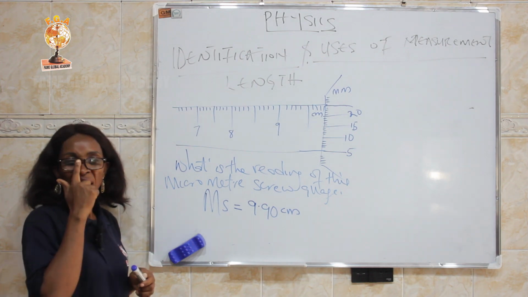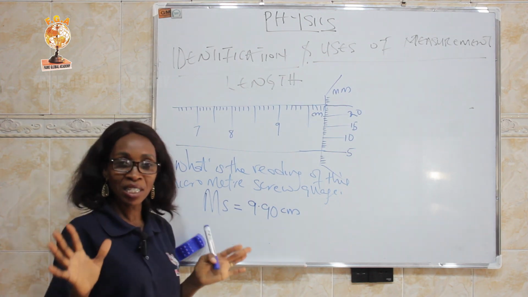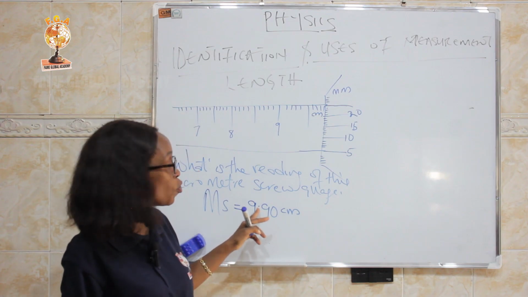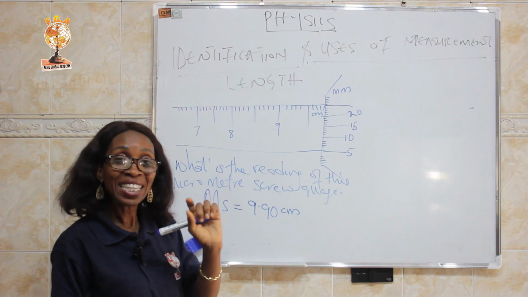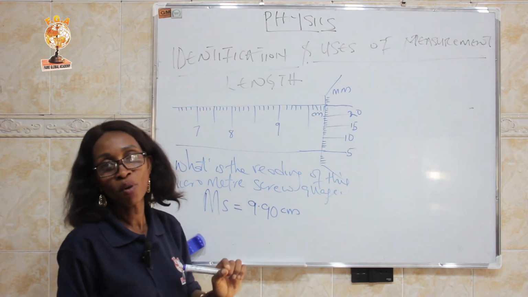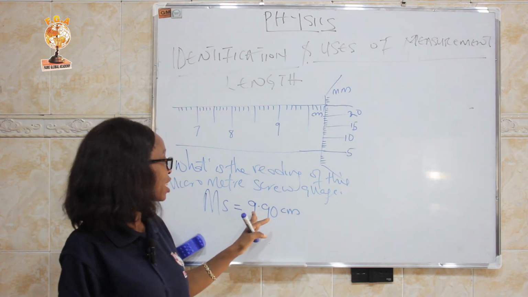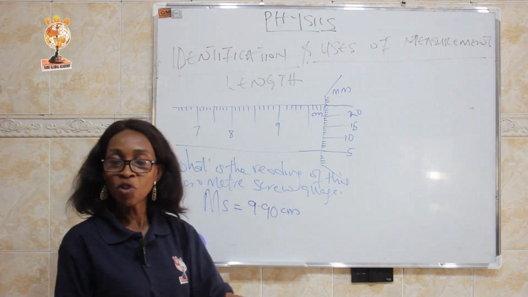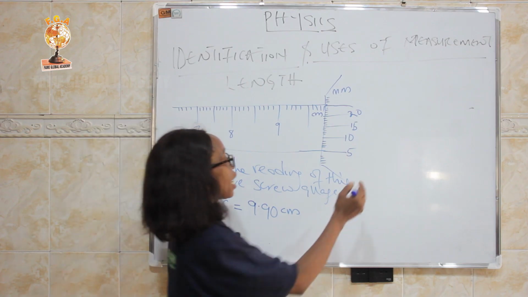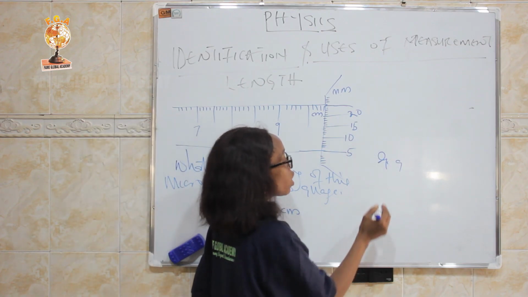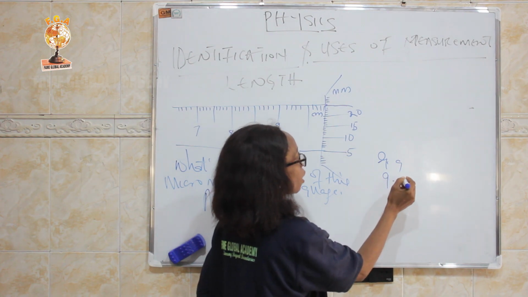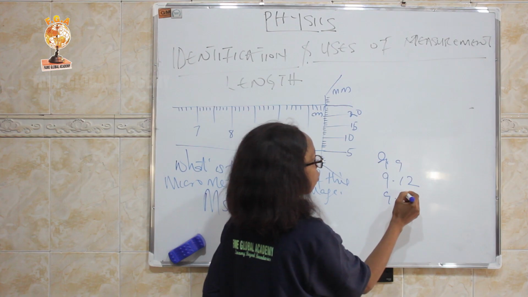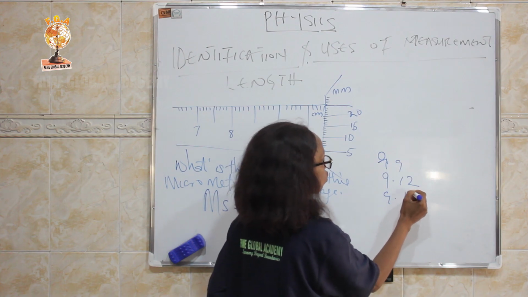9.90 centimeters. Now, if you are doing practicals, you have to make sure your reading is at least 2 to 3 decimal places. Don't just leave it at, say, 9.9. Let's say you're taking readings in the lab, and the first reading is 9.9, the second is 9.42, another is 9.124.